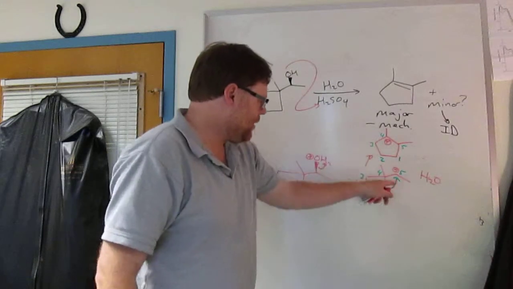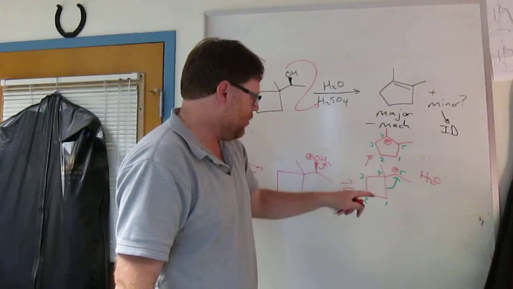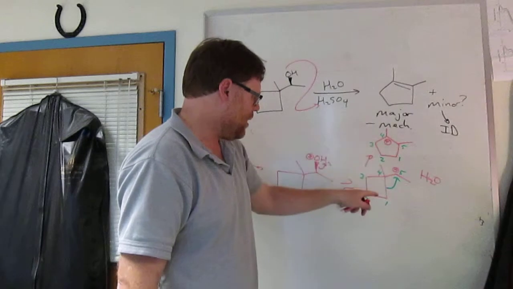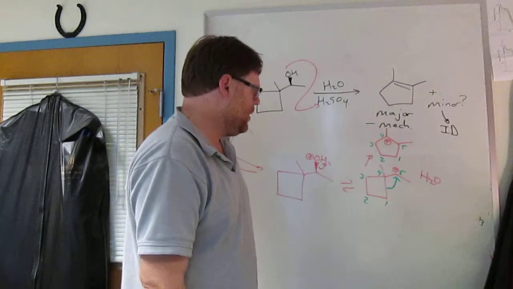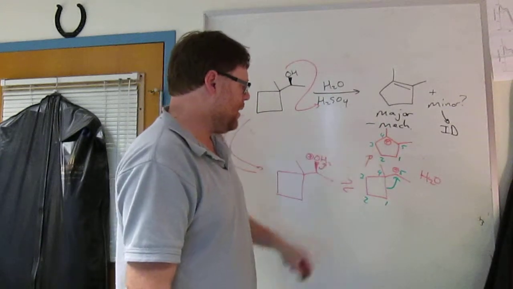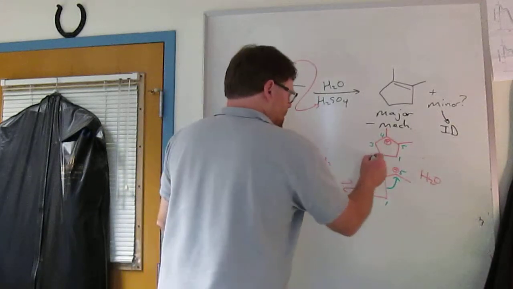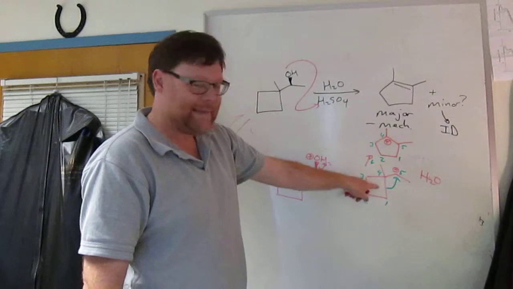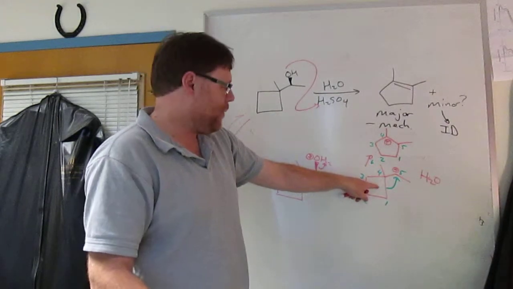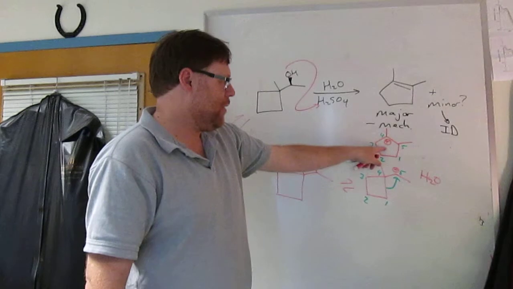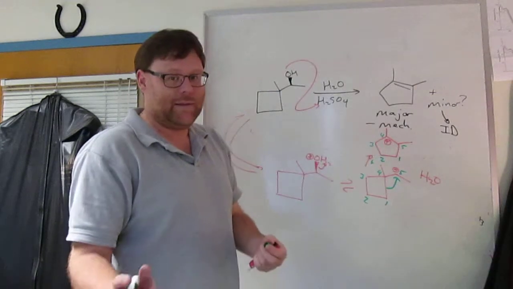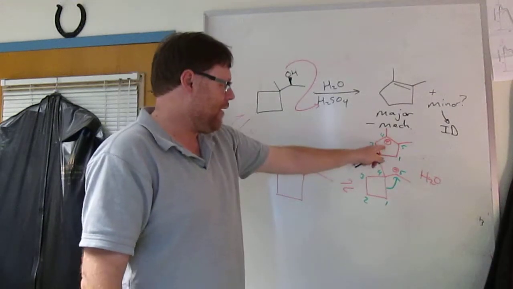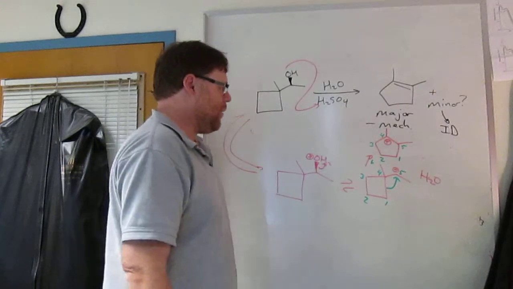Carbon 5 has a methyl on it, and it's going to have a new bond to carbon 1. Carbon 4 loses the bond to carbon 1, and it has a methyl on it. So there's the intermediate carbocation. And again, this is an equilibrium, but which cation is more stable? A secondary cation with a 4-membered ring, or a tertiary cation with a 5-membered ring? Overwhelmingly, this equilibrium lies toward the 5-membered tertiary carbocation.